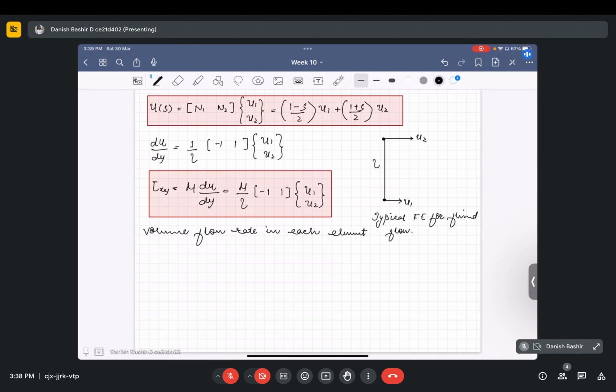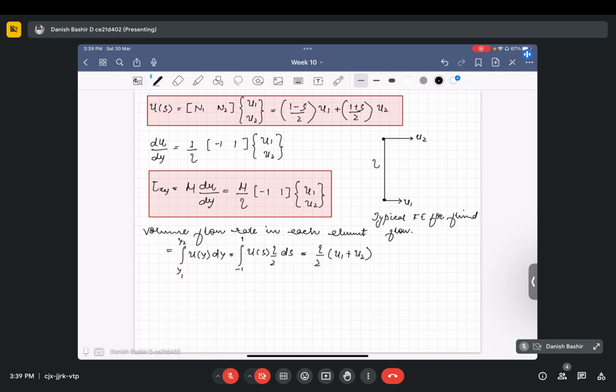We can write it as equal to the integral from y1 depth to y2 depth of velocity u, a function of y, times dy, which will be equal to the integral from minus 1 to 1, because our element is from that one, of u of s times L by 2 ds, because we converted into the s coordinates. It will be L by 2 times u1 plus u2, simply.